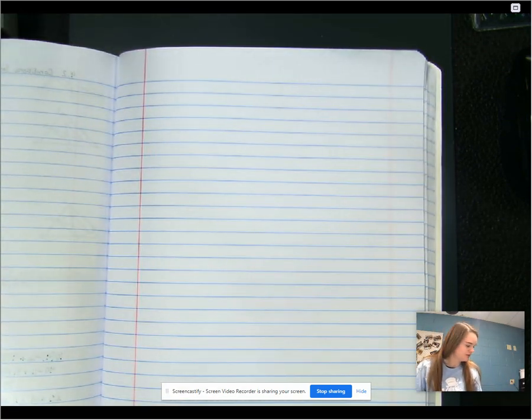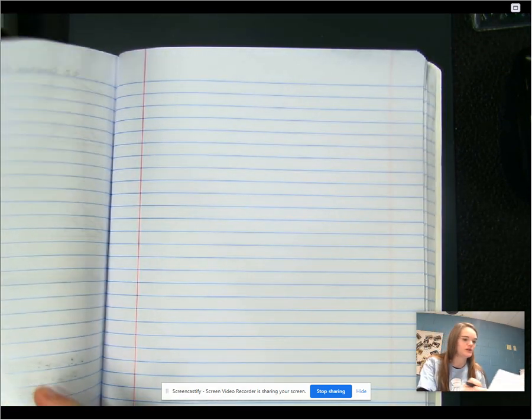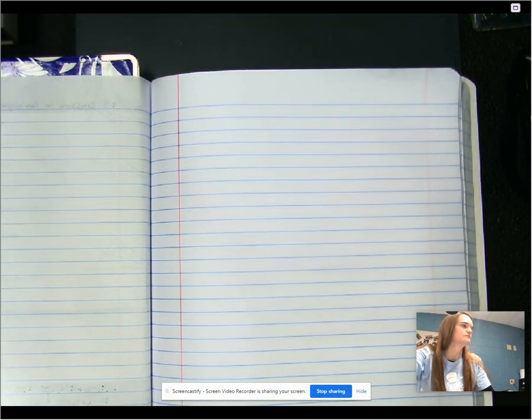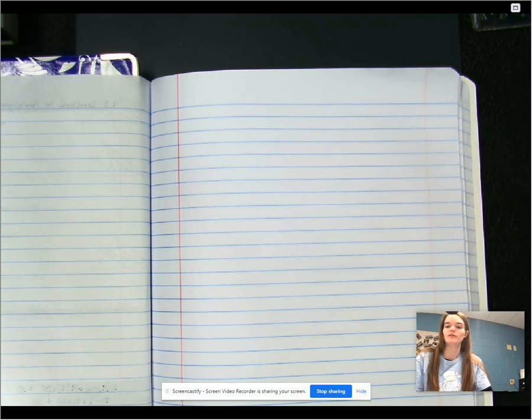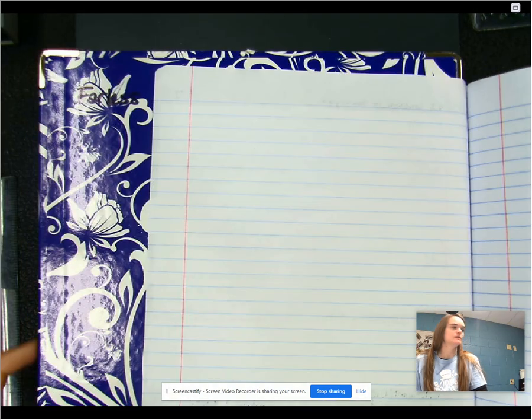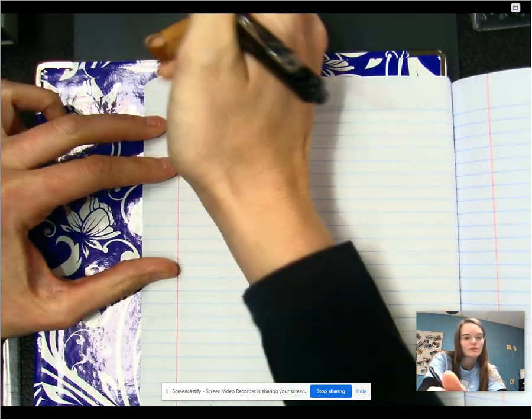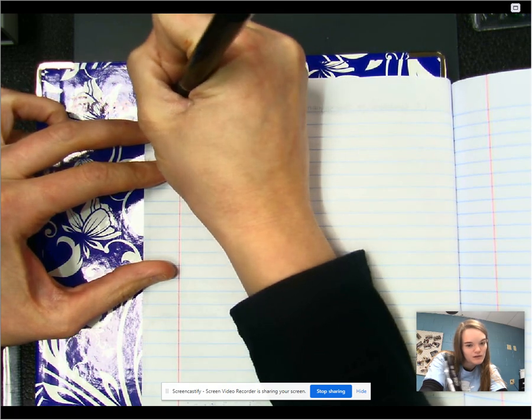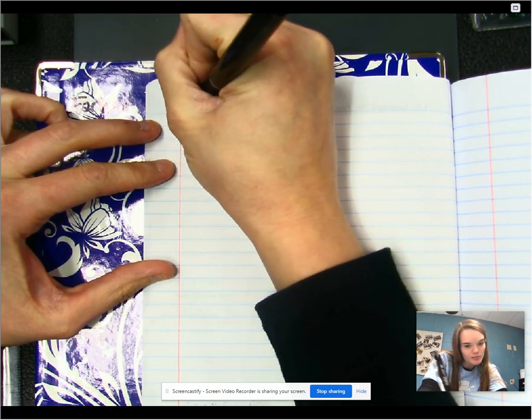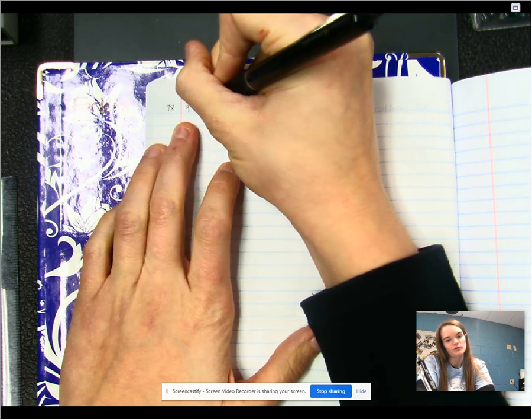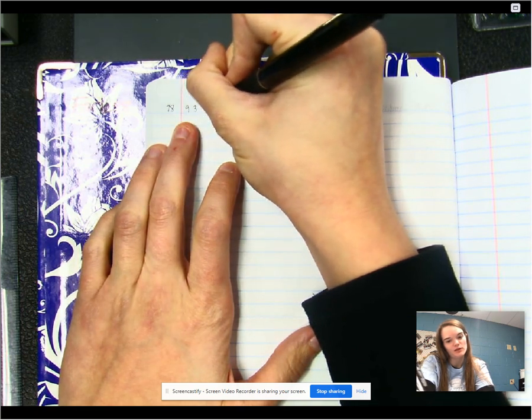Label them 78 and 79, 9.3. Properties of rectangles, rhombuses, and squares.